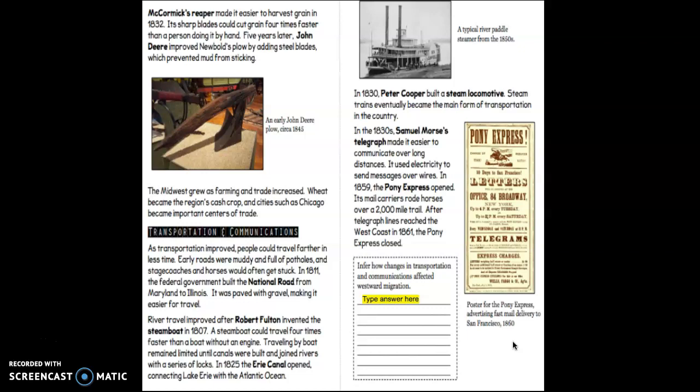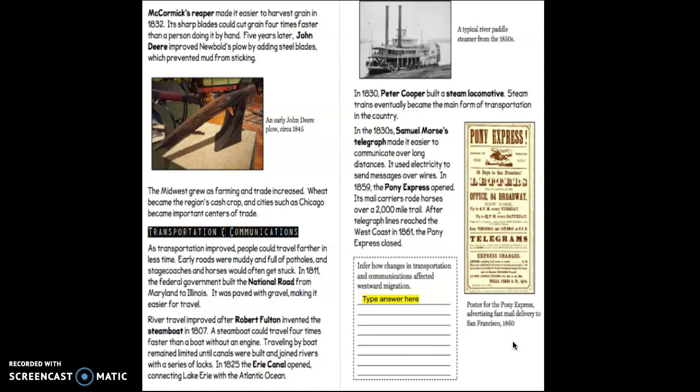So finally, you see a picture here of a river paddle steamer from the 1850s. In 1830, Peter Cooper built a steam locomotive. Steam trains eventually became the main form of transportation in the country. In the 1830s, Samuel Morse's telegraph made it easier to communicate over long distances.